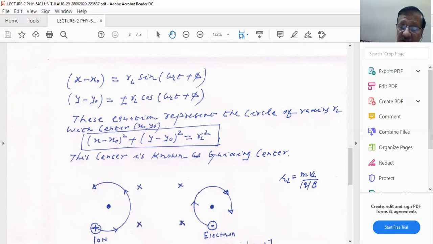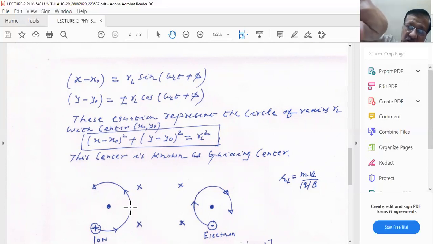How will you decide the direction? Take your right hand and keep it so that your thumb points along the field direction.